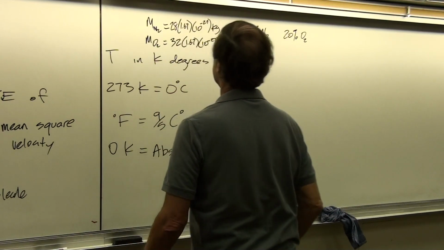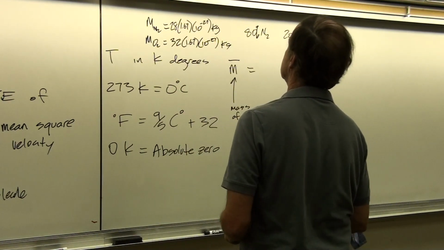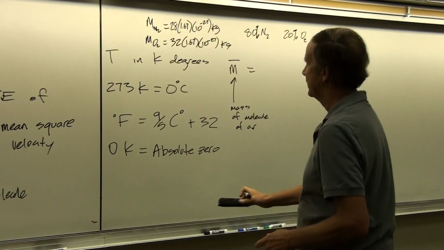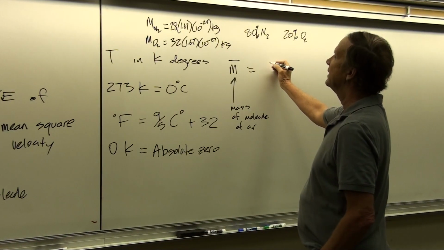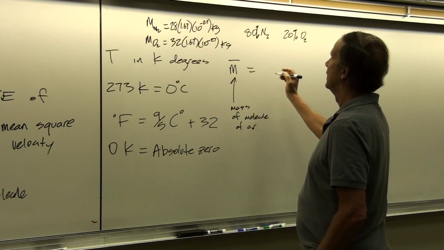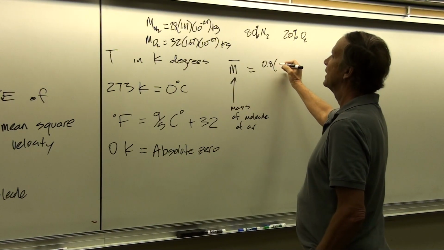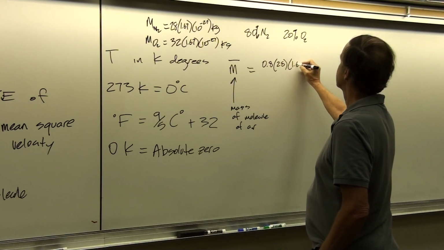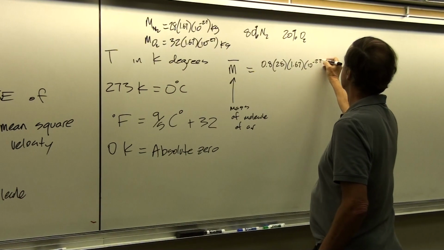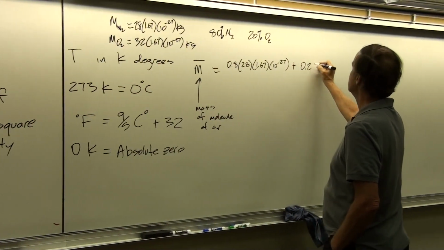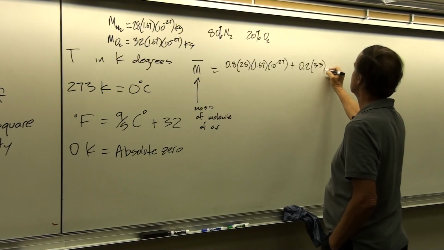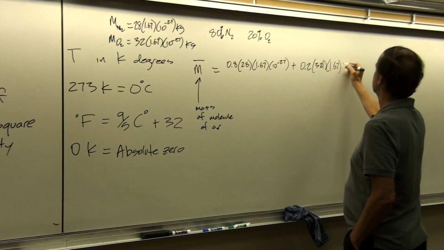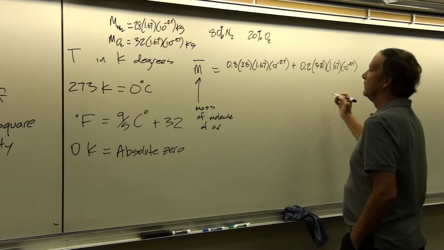Because it's N2, 2 nitrogens. Here it's 2 oxygens, so that's 2 times 16 is 32. And with 80% nitrogen, 20% oxygen, we could write this as a weighted average of 0.8 times 28 times 1.67 times 10 to the minus 27, plus 0.2, 20% oxygen, so that's 32, times 1.67 times 10 to the minus 27.